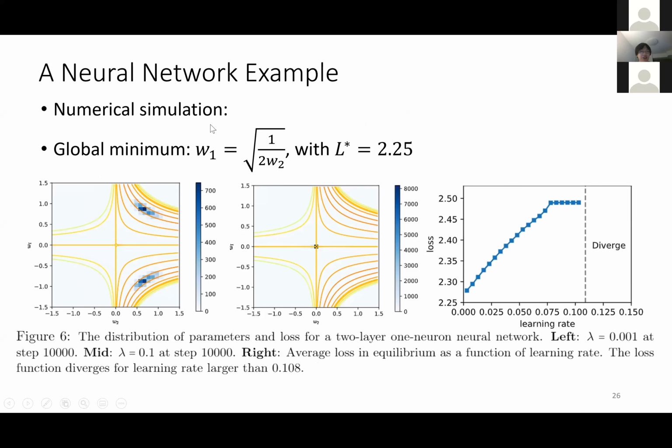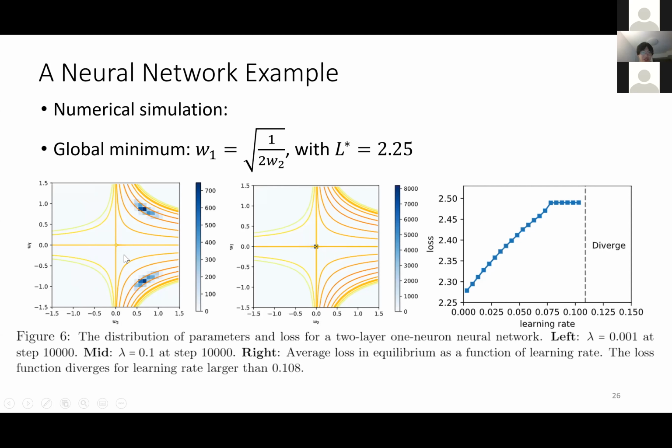So here is the numerical simulation. This shows the loss landscape as a function of W1 and W2. Here, the 1 minus W2 kind of shape is the global minimum. And this horizontal line is where W1 equal to 0, and those constitute the saddle points.